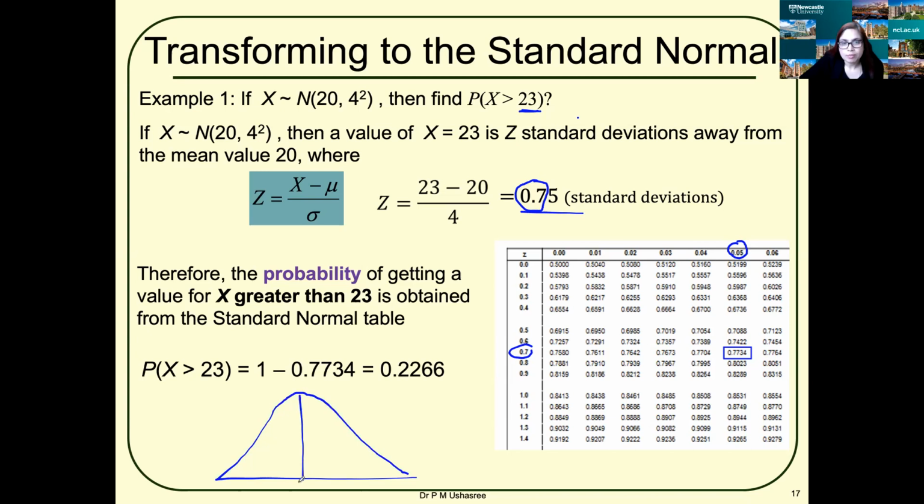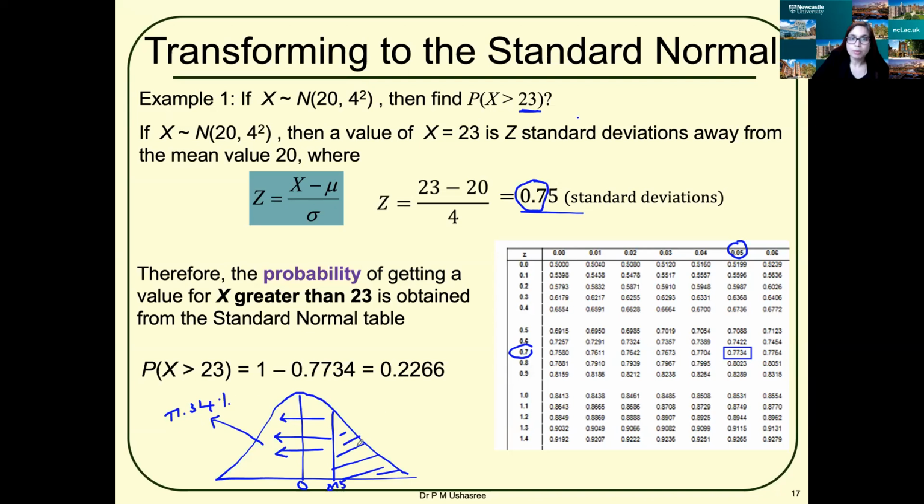That was our mean, and that was 0.75, and we were actually interested in finding this value. And from the Z table, you can only find the probability to the left. So this probability is 77.34%.